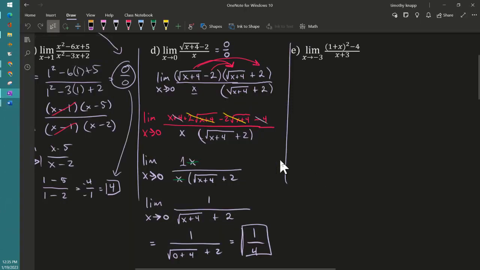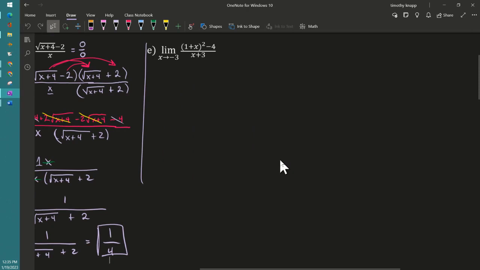So let's go do that. This is exciting. Again, I'm just going to evaluate this mentally, and I know that I'm going to get a 0 over 0. Watch this. If I approach -3, I'm going to put it right here. 1 minus 3 is -2. -2 squared is 4. 4 minus 4, bang, that's my 0.